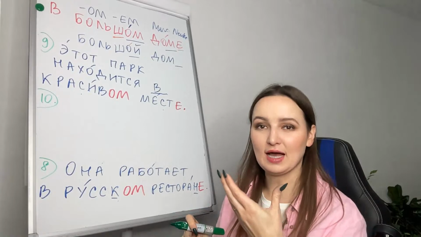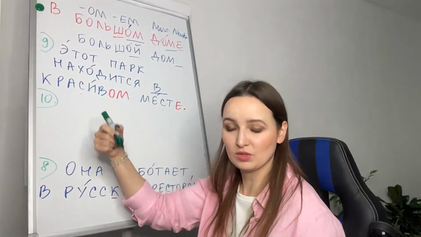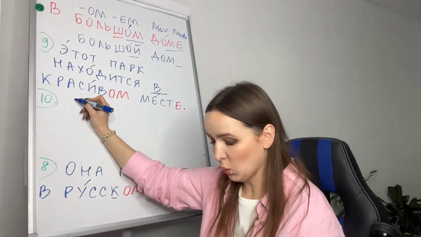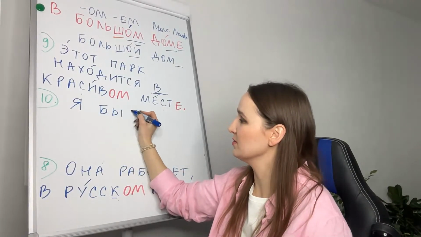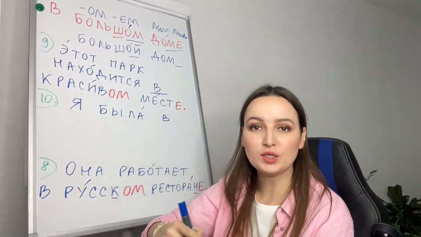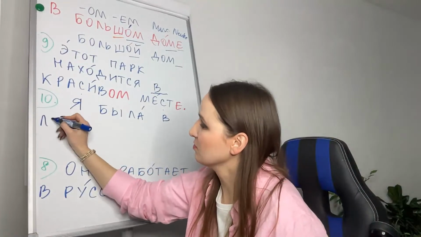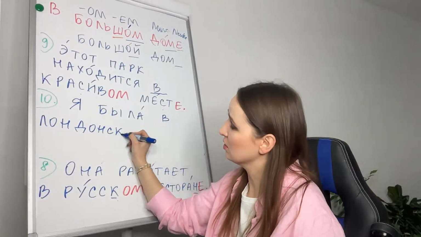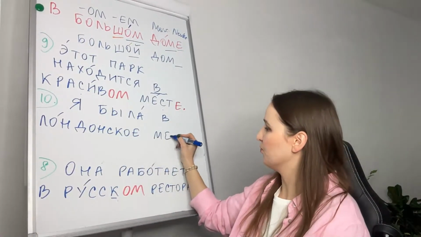So I will say now that I was in the London Metro, and London will be an adjective here. Я была в лондонское метро. I will write it first in nominative: лондонское метро.